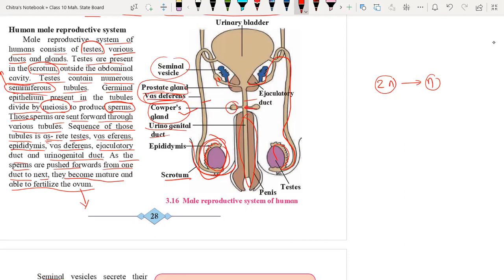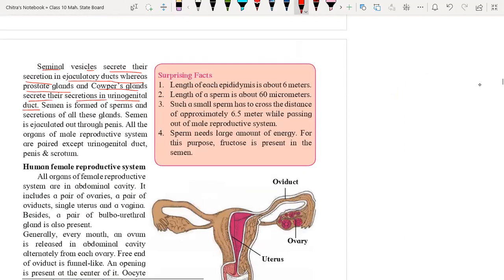On the basis of their arrangement, we can conclude where they are secreting their secretion. Here we have it in the vas deferens, but by that part we have it in the urinogenital, ejaculatory duct only. Next, semen is formed by the sperm and the secretion of all the glands.